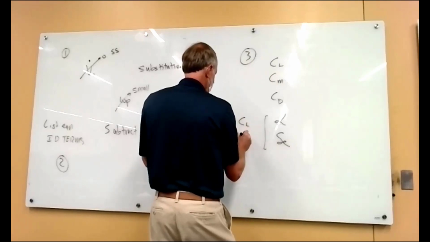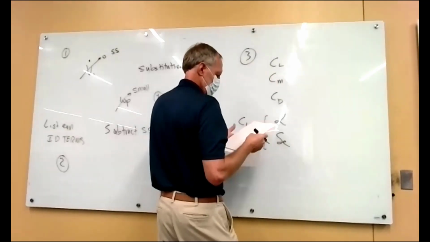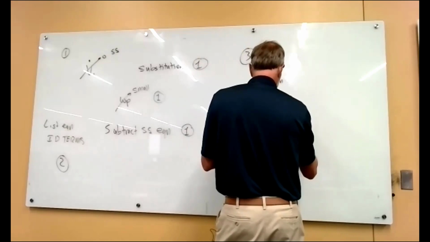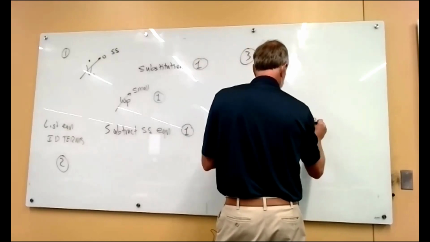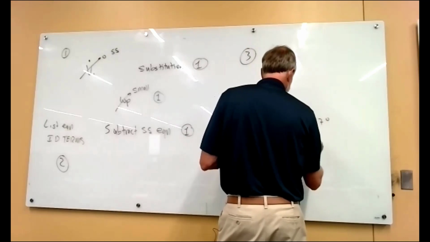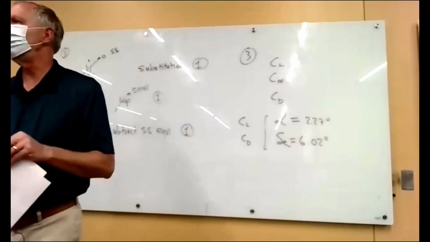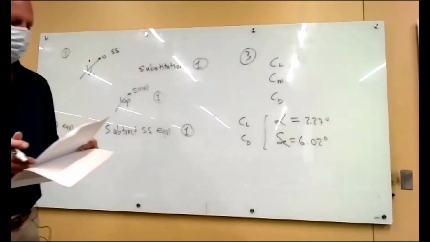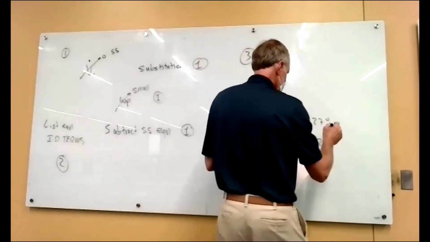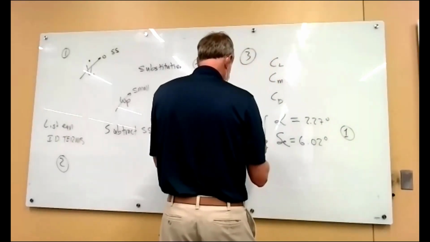This is CL and CD. And we're looking for an angle of attack of 2.27, an elevator of 6.02. Those are in degrees. If you did it in radians, that was fine. And so that was worth 1 point there.